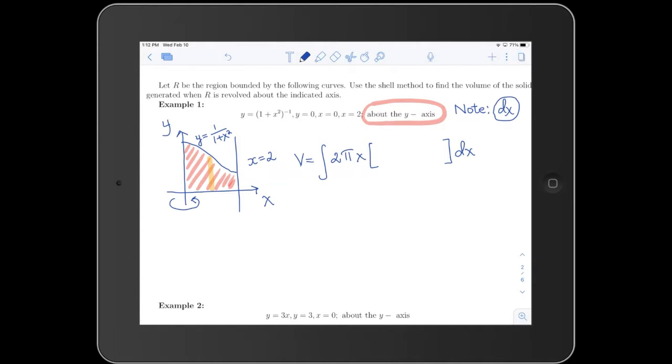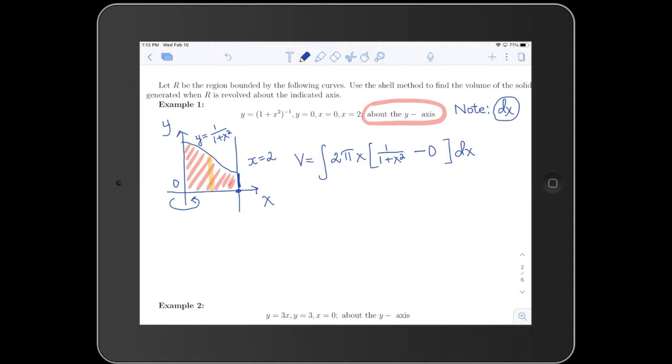All right, so what is our top function here? 1 over 1 plus x squared. The bottom is 0 in this case. So now we need to decide what the limits of integration are. The limits are from 0 to 2, right? This is your limit here.